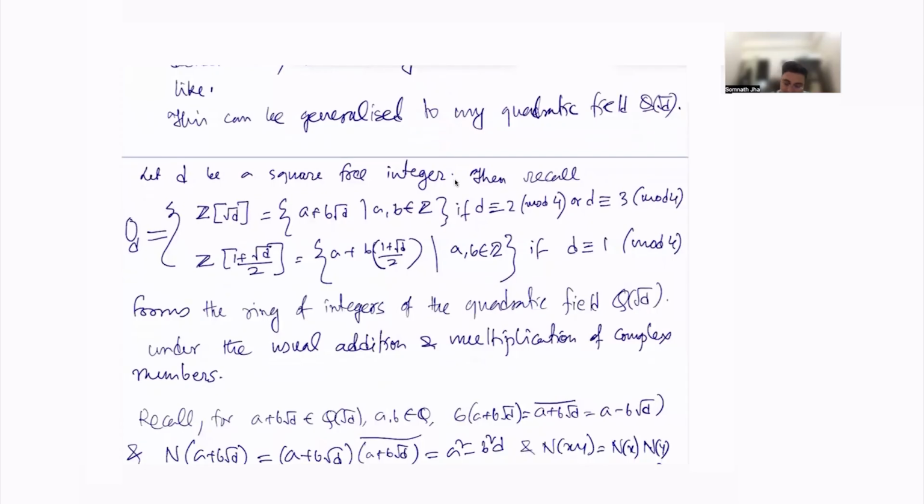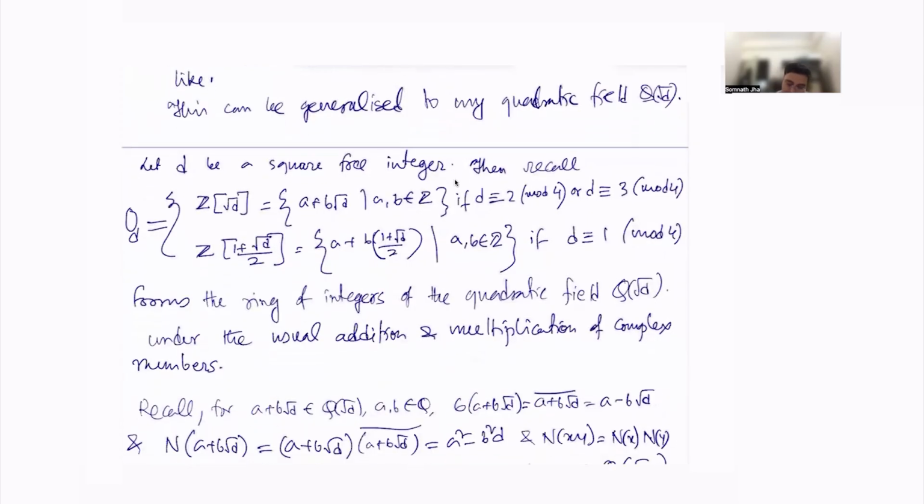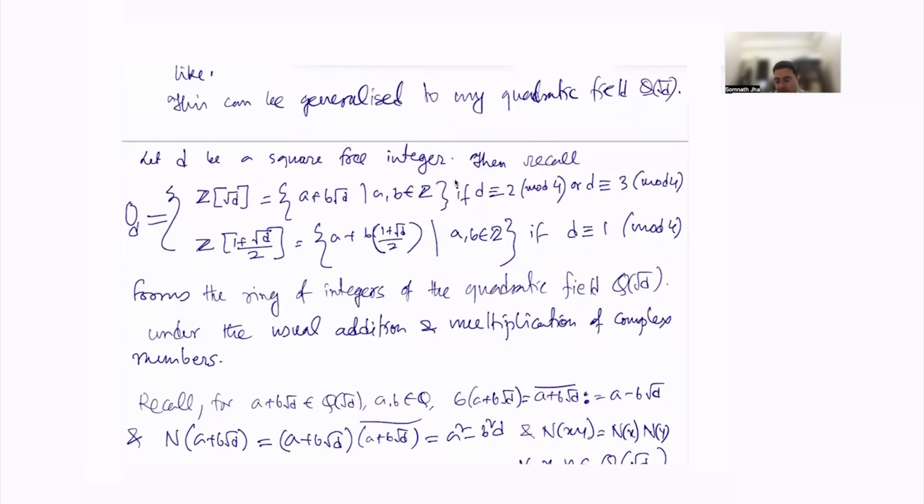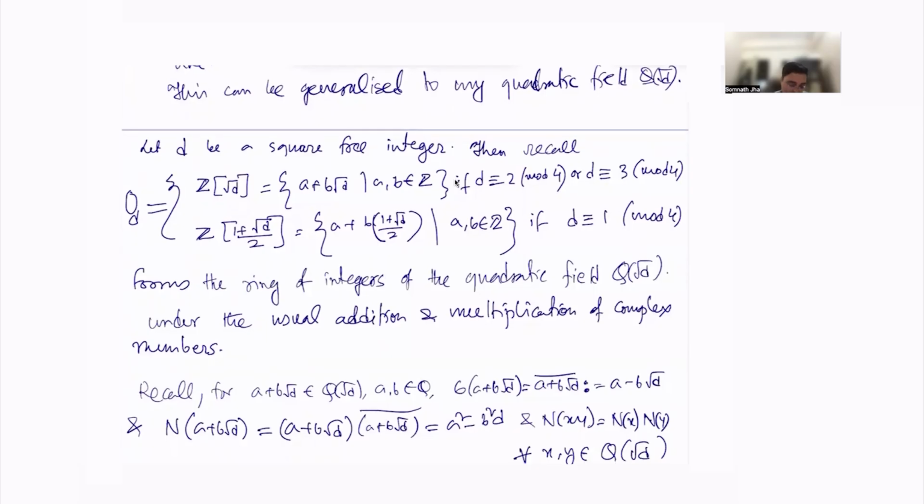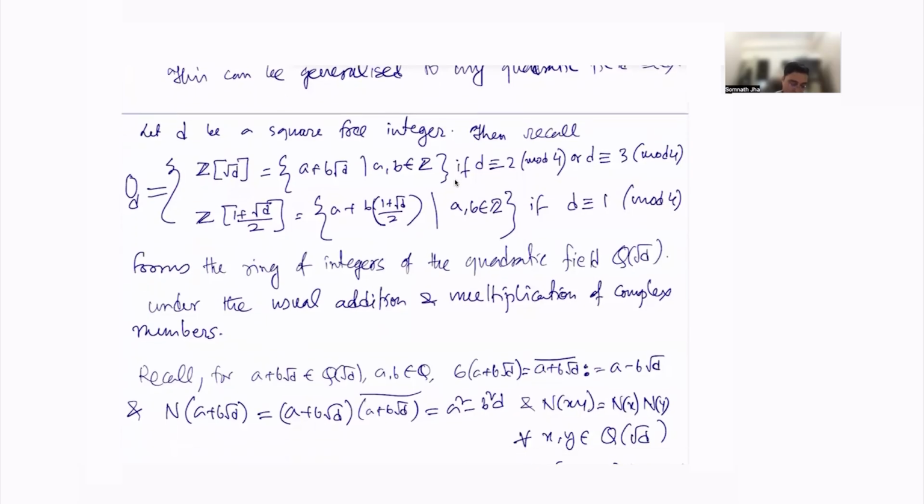D may even be positive, but this is just a notation. In case D is less than 0, this is really complex conjugation. Otherwise, it's not, but we nonetheless denote it like this.